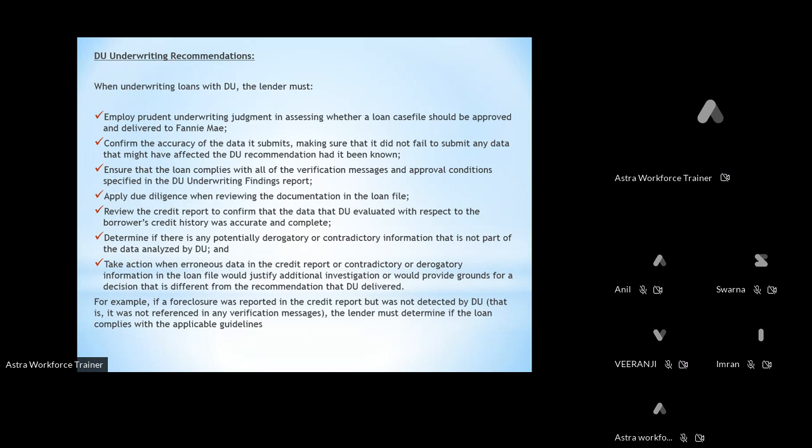We need to identify how the income is derived, from which sources they are using, and whether we have the supporting documents for that. All this work we need to do is called due diligence. Just like that, we cannot match the yearly amount mentioned over there. We need to do the calculation from our end as underwriter, and that has to be matched with the DU.